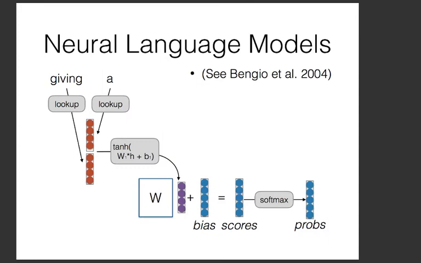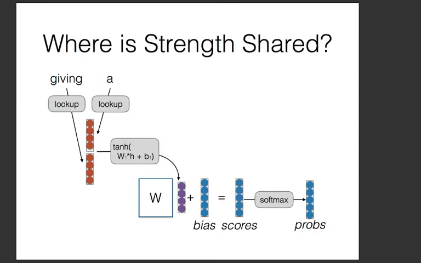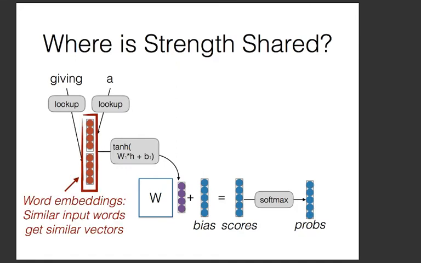So to understand this intuitively, the best point of this is kind of twofold. We can extract combination features, and we can also share strength among similar contexts or similar words in the output. These things are word embeddings here. These word embeddings will always be giving the same red vector to this word.